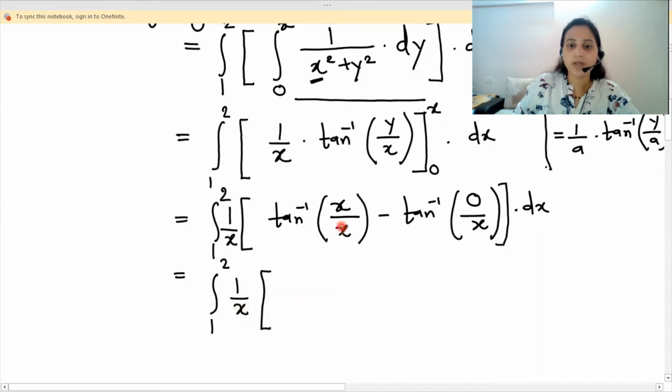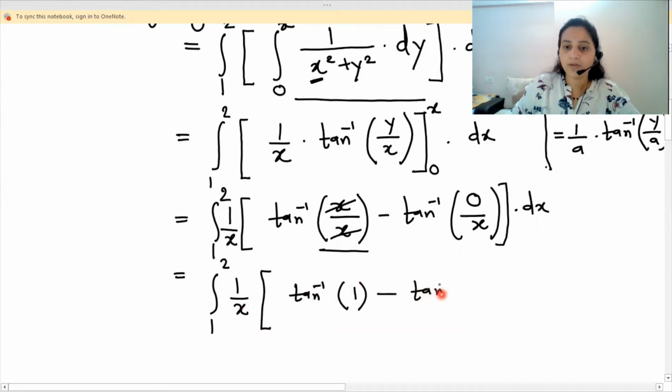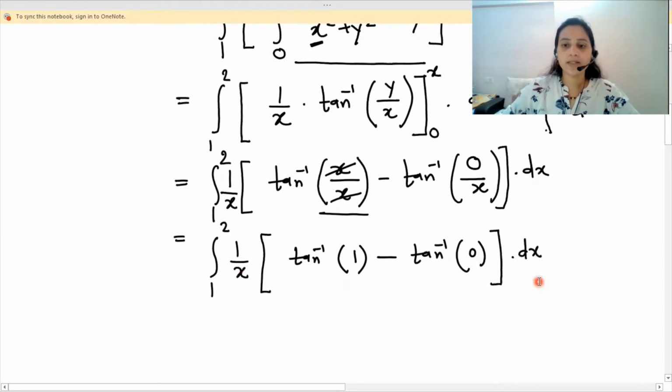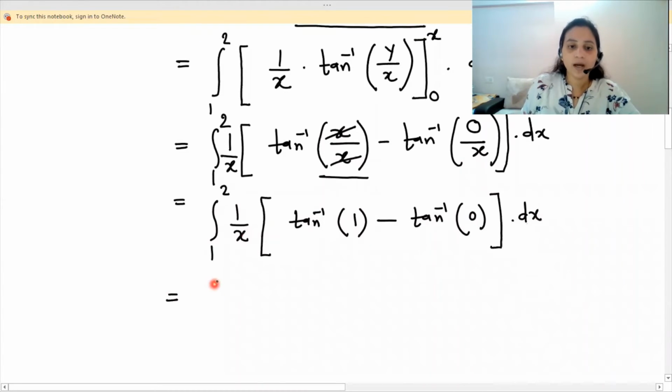Now we are going to solve this. Now x gets cancelled and this will become tan inverse of 1 minus tan inverse of 0 by x, that means 0. Okay, dx. Next step, the outer limit remains as it is still.